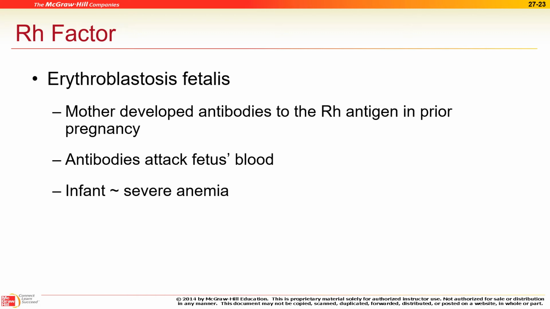That condition is called erythroblastosis fetalis. As a fetus, red blood cells can cause a problem. It's not the first pregnancy that's an issue. It's going to be the second pregnancy. In this condition, the mother is Rh negative.